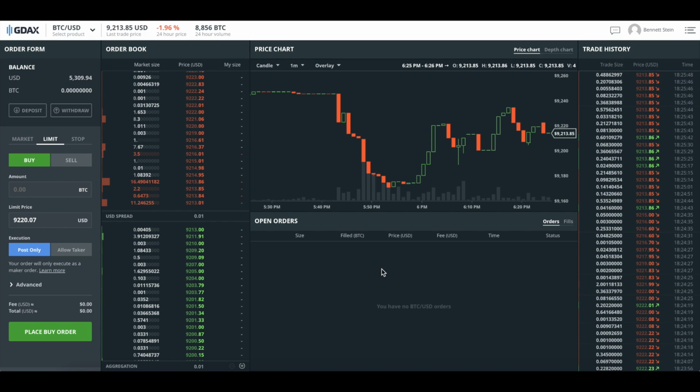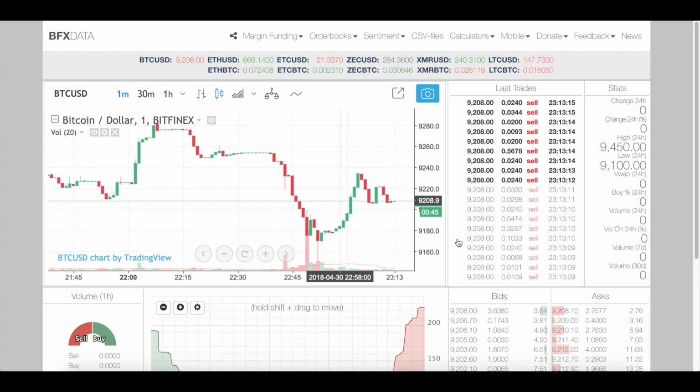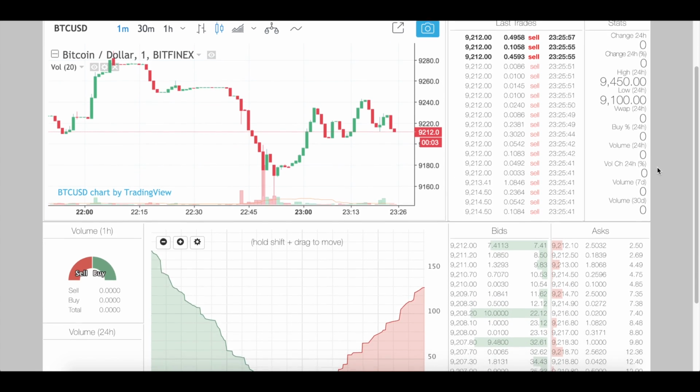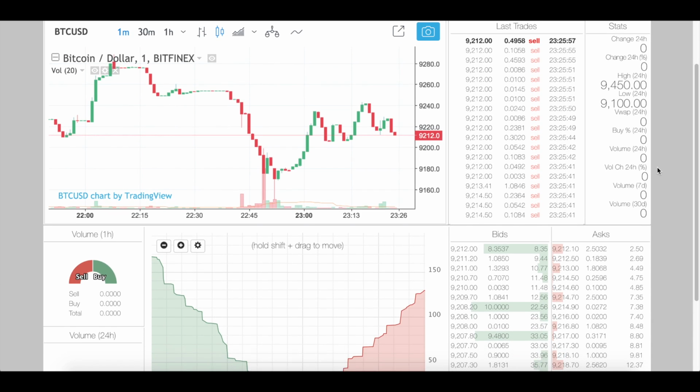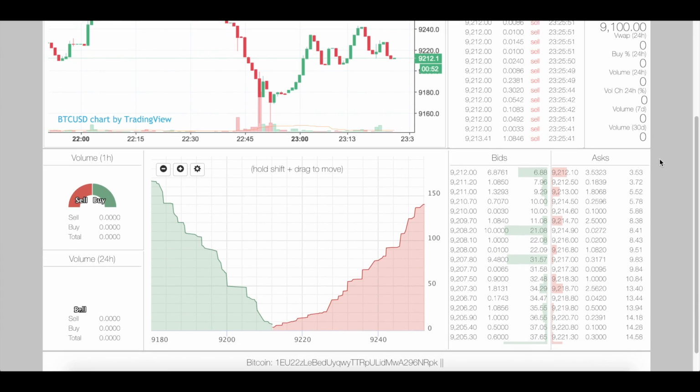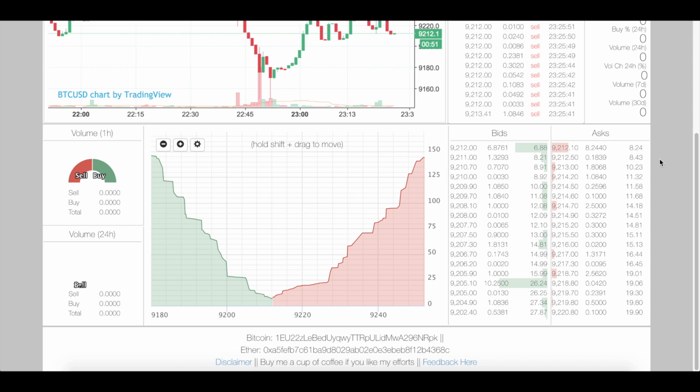But now let's look at the Bitfinex order book, because we've just been looking at the GDAX order book, but this is going to be showing us something very similar. All right, so when we look at the Bitfinex order book, we see a few things. I'm seeing a good amount of market selling, so this could indicate a supply run, right? But now let's go down to the bids and the asks.